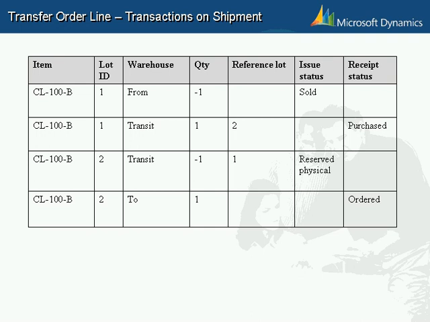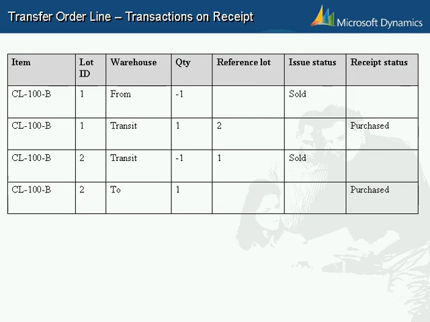So after shipment updating, items are received in the transit warehouse. And in the same warehouse, the system creates transactions with issue status reserved physical. Let me show the next picture.